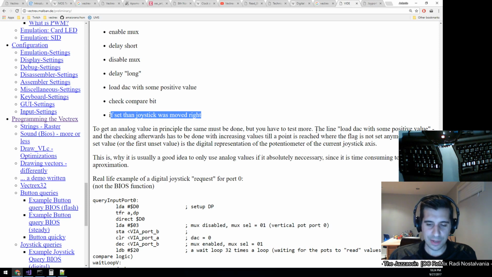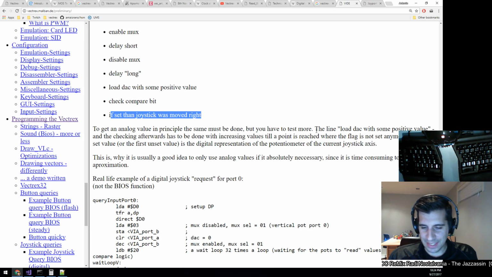It's like, rather than be able to say, read the value of the analog stick, all you can do is say, I'm going to give you a value to compare against, and you tell me if the value that I'm giving you is less than the actual joystick value right now, right?